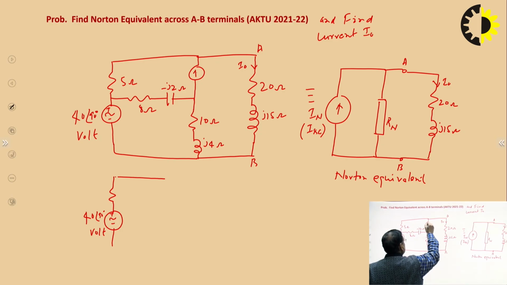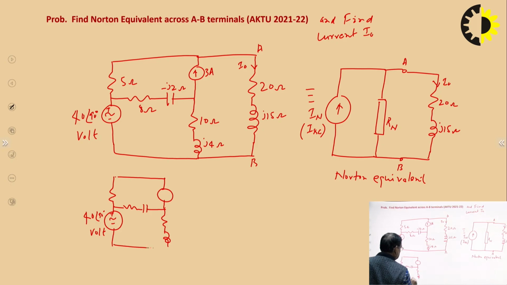Sorry, this is the given. This is the 3 ampere current source. Then 8 ohm, then 10 ohm, J4 ohm.